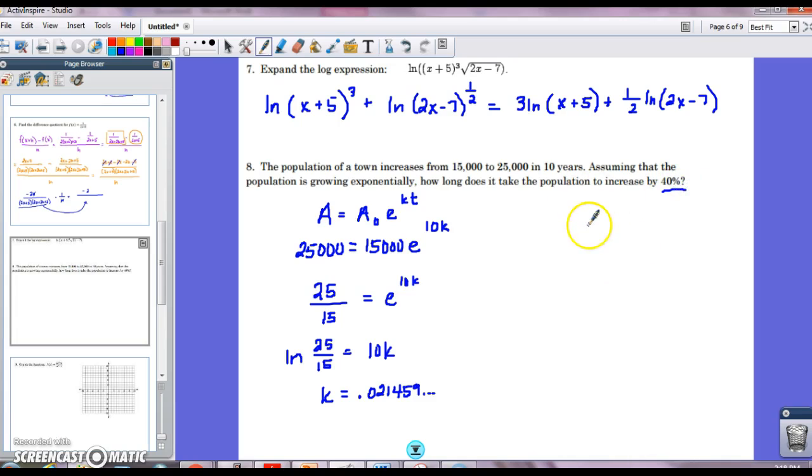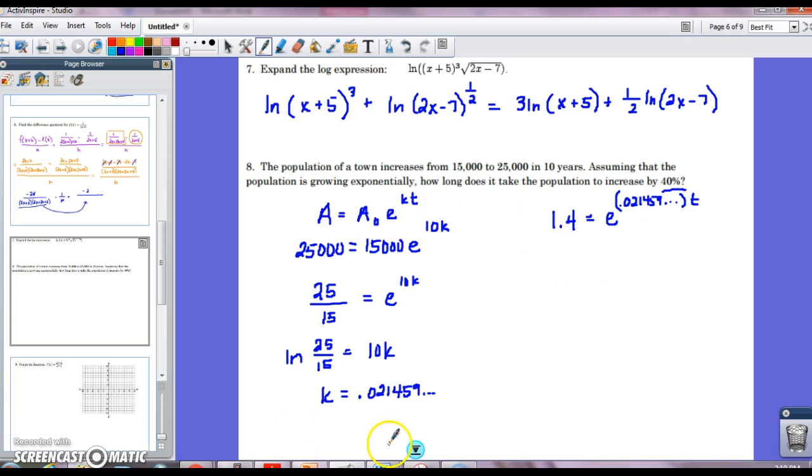If we wanted to increase by 40%, that means we want to end up with the 100% that we had plus this new 40%, so 140%, right, which we can write as a decimal of 1.4 is equal to e to the kt, so 0.021459, whatever that is, times t.